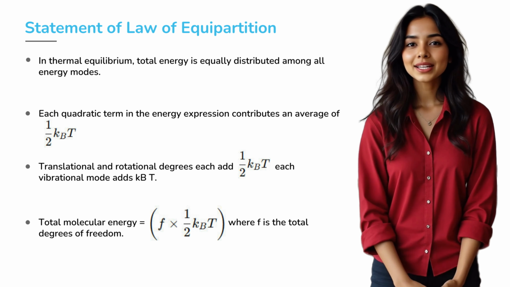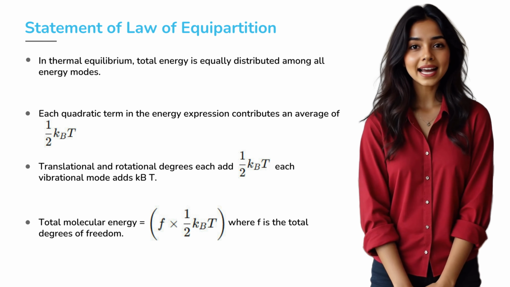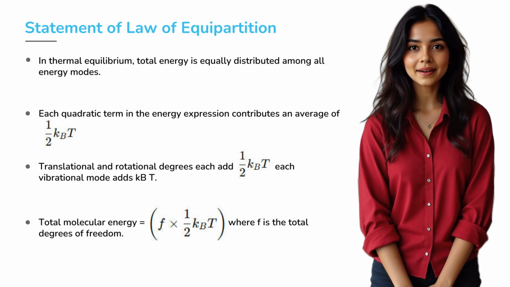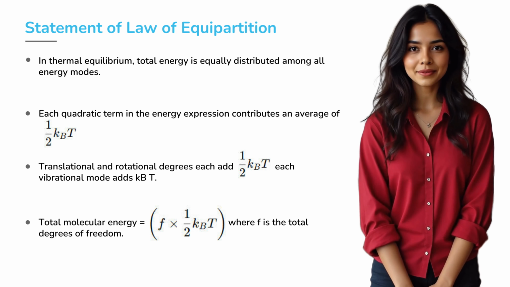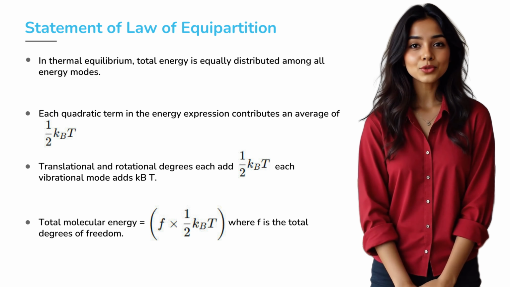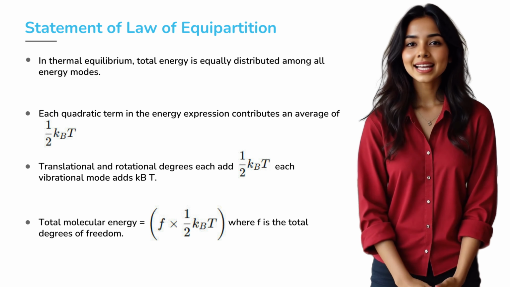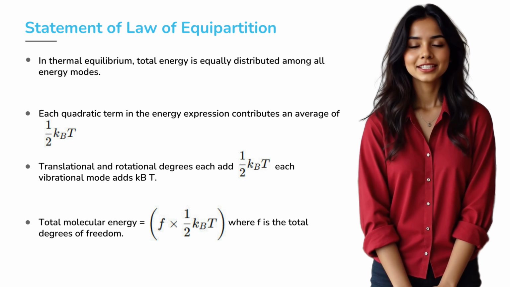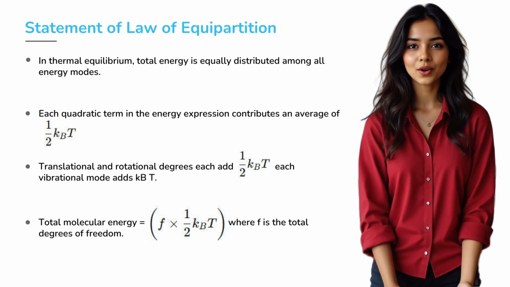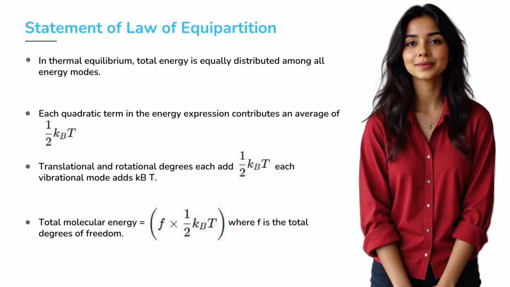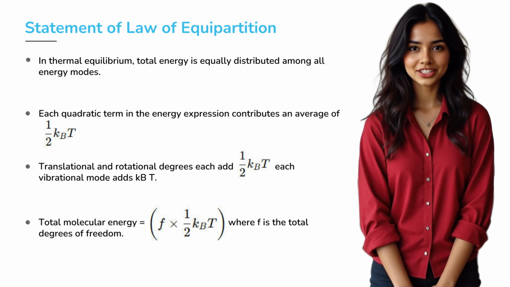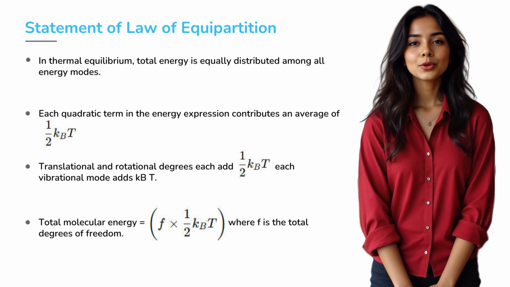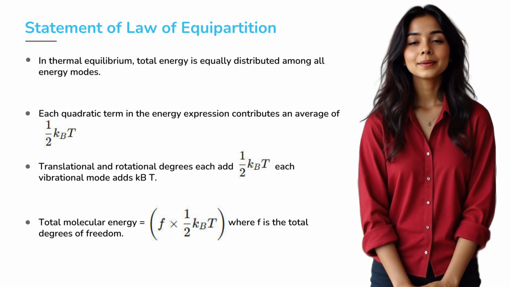Mathematically, total energy per molecule equals F by 2 times kT, where F is the total number of degrees of freedom. This elegant law, first proven by Maxwell, tells us that energy doesn't play favorites, it's shared equally among all available motions. So whether your molecule is flying, spinning, or vibrating, each motion gets an equal slice of thermal energy.